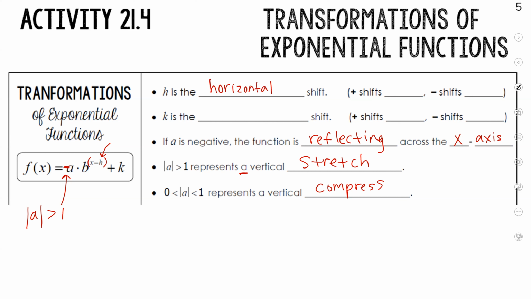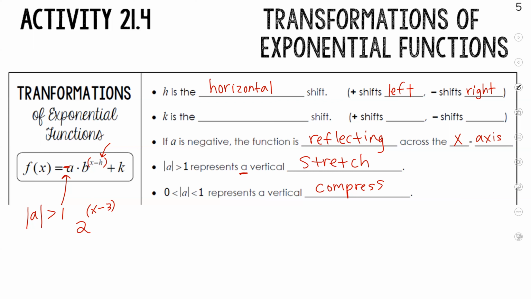If there is a plus sign in there, it shifts to the left. And if there's a minus sign, it shifts to the right. It's the opposite. So just as an example, say you have base 2, and up here you have x minus 3. That means this would go to the right 3 spaces.